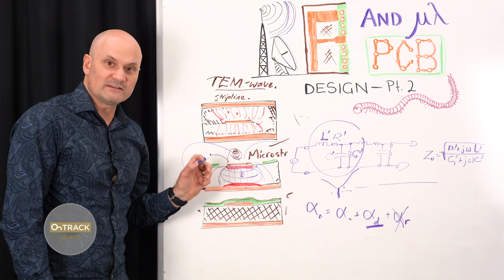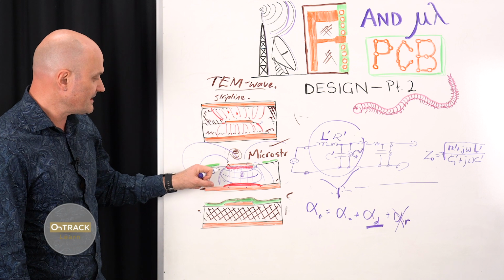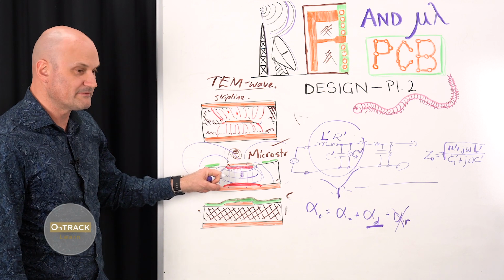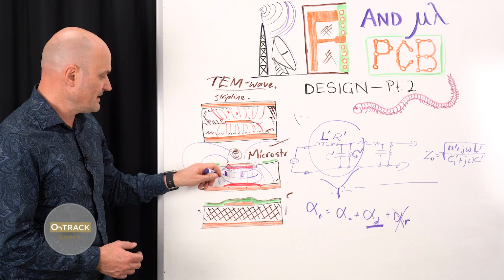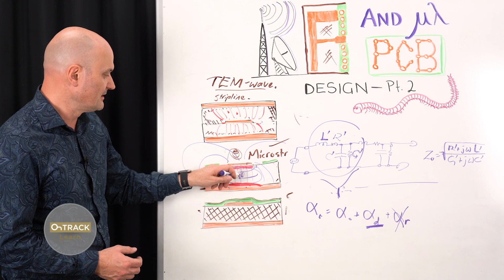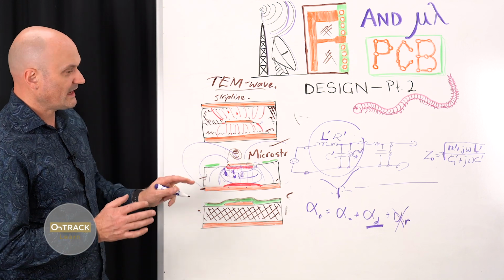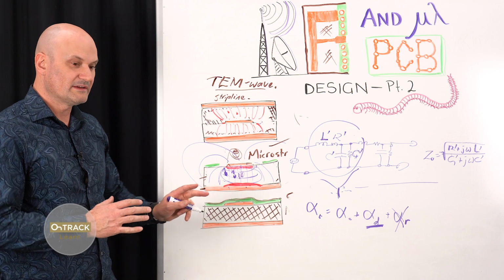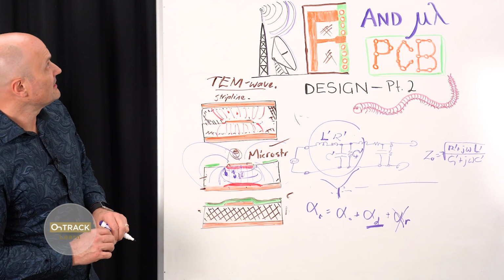I mentioned displacement current in the last episode as well, and that there's a certain finite amount of time it takes to orient the fields in the dielectric material when you apply a voltage to a trace. And some of that energy is lost as heat in the dielectric.